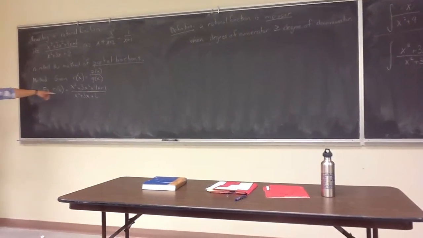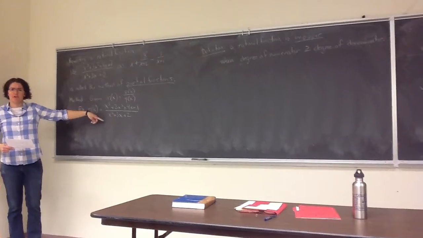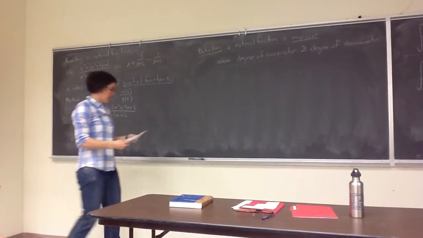All right, so this particular rational function is improper. The degree of the numerator is 3, the degree of the denominator is 2. So top heavy.